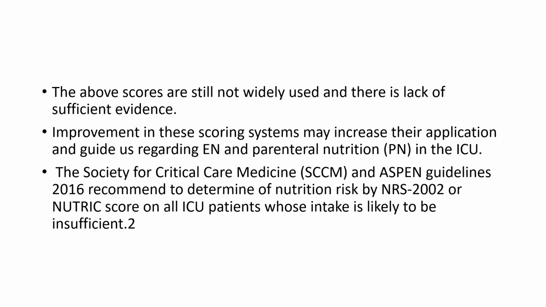The above scores are still not widely used and there is a lack of sufficient evidence. Improvement in the scoring system may increase their application and guide us regarding enteral nutrition and parenteral nutrition in the ICU. Society of Critical Care Medicine and ASPEN Guideline 2016 recommended to determine nutrition risk by NRS 2002 or NUTRIC score on all ICU patients whose intake is likely to be insufficient.